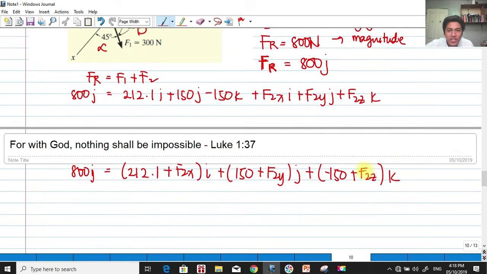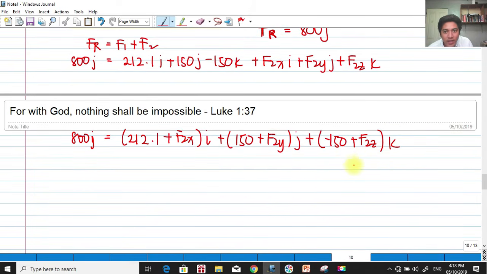By inspection, we have i, j, k here and j only on the other side.